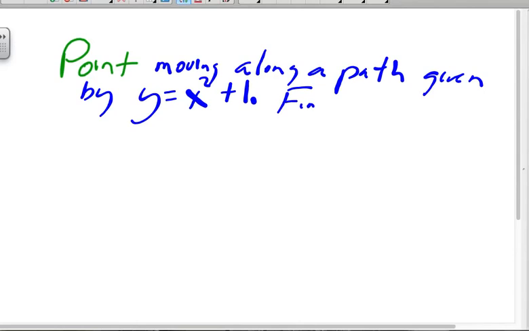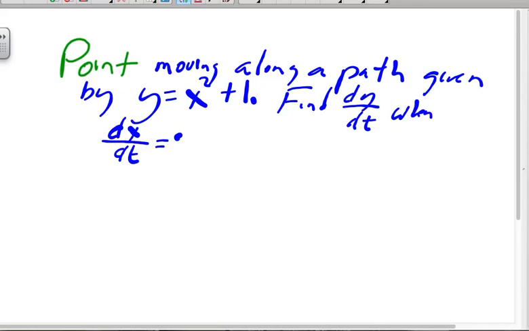Find dy/dt when dx/dt is 2 centimeters per second and x equals 1 centimeter.